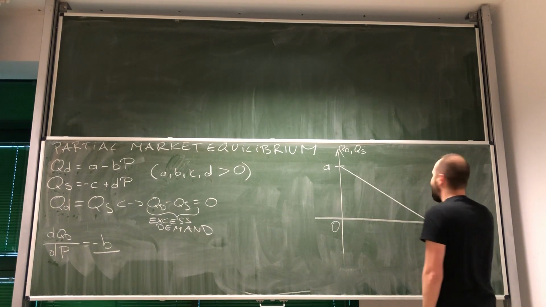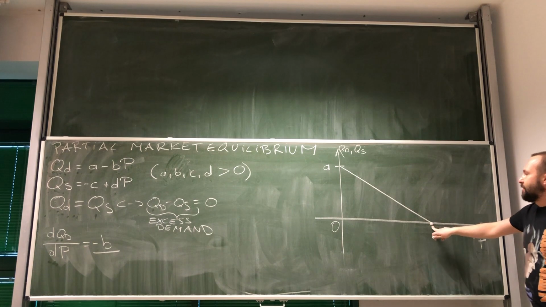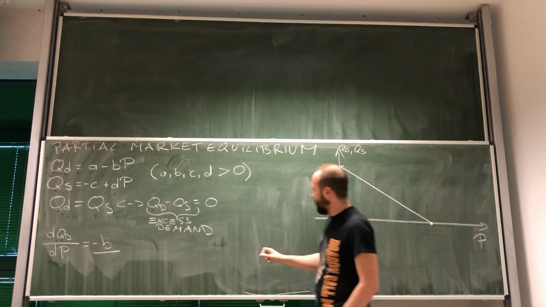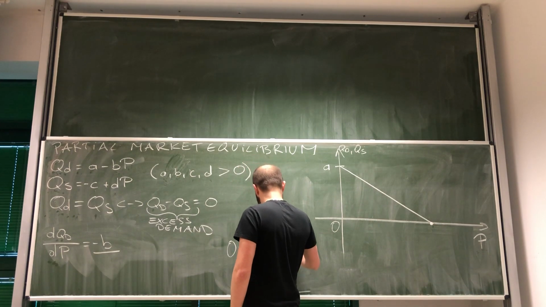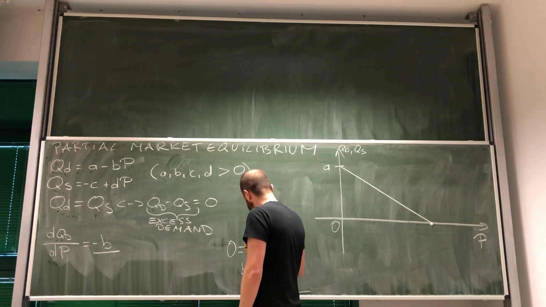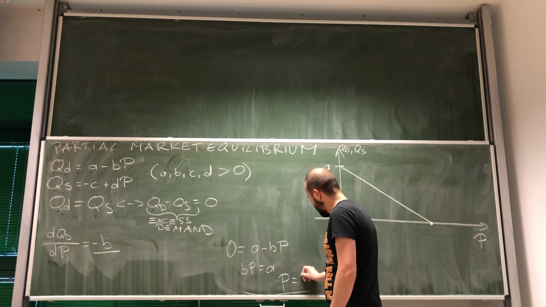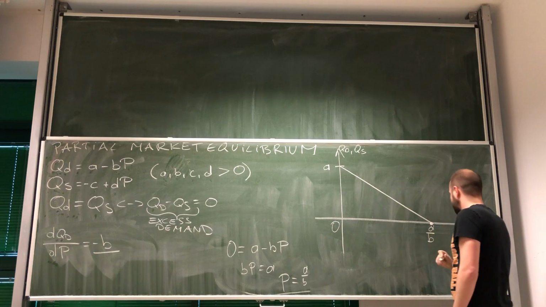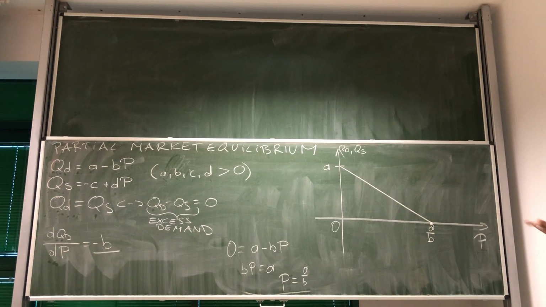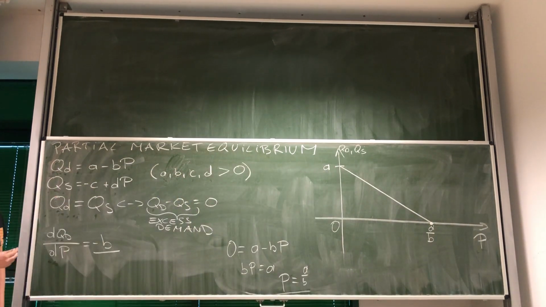Now, the question is, how much do we have here? Well, it's really easy to calculate, because at this point we see that quantity demanded is 0. So we've got 0 equals A minus BP. So we get that BP is equal to A and P is equal to A over B. Okay, now what is A over B?